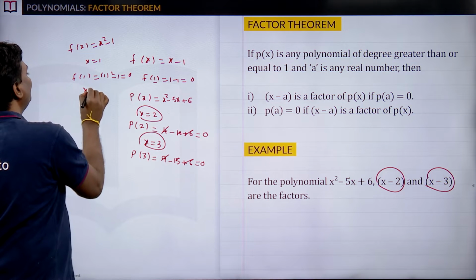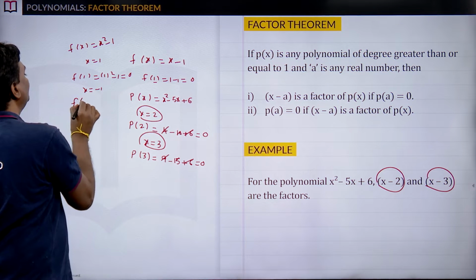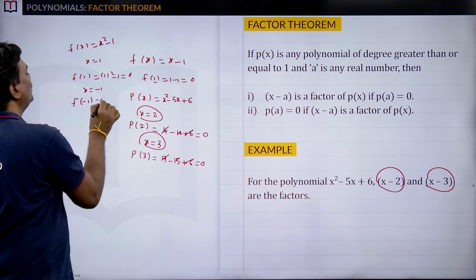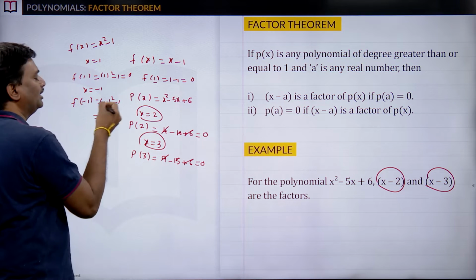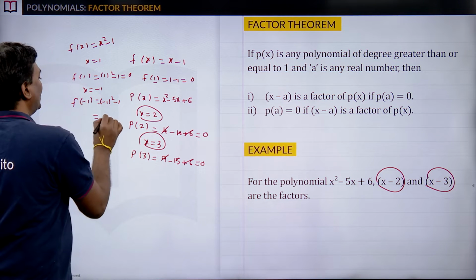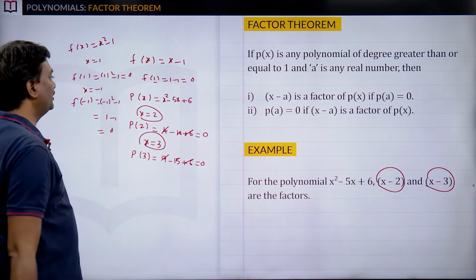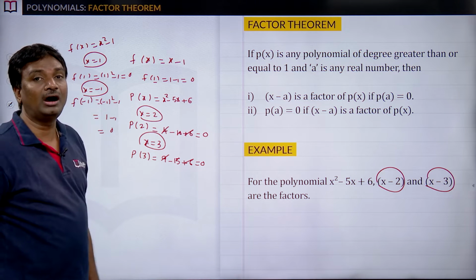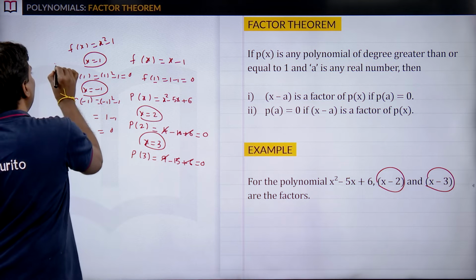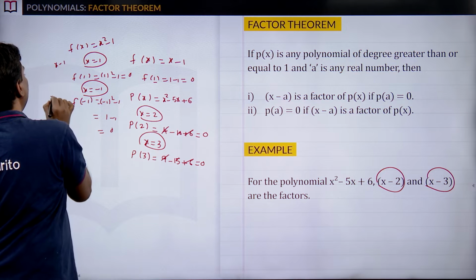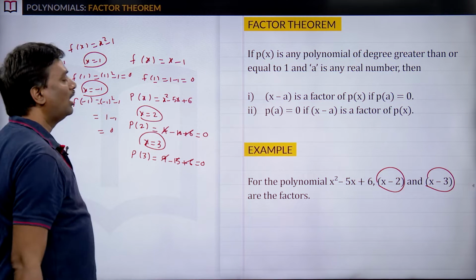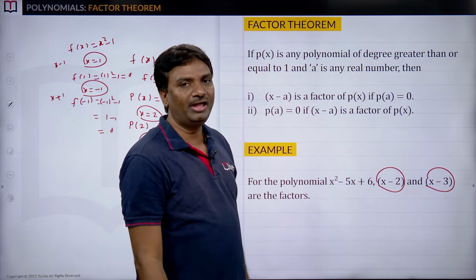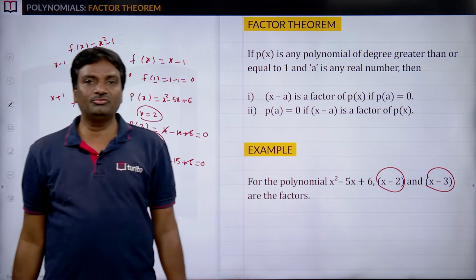Similarly, in place of x, by writing minus 1, f of minus 1 equals minus 1 square minus 1. Again minus 1 square is 1, so f of minus 1 equals 0. That is why x equal to 1 and x equal to minus 1 are the zeros, which means x minus 1 and x plus 1 are the factors of x square minus 1. So, this is the factor theorem.